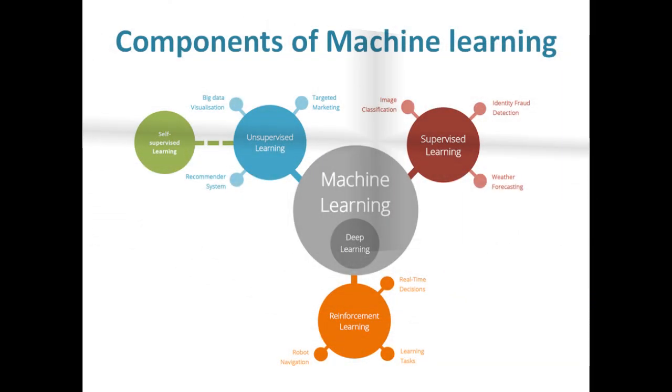What are the components of machine learning? Just like we've discussed the components of AI, we have components of machine learning, around four things. The first is supervised learning. Like the name suggests, here we've got some form of supervision happening, giving guidance step by step in building our models and creating all of these algorithms. The second one is unsupervised learning.